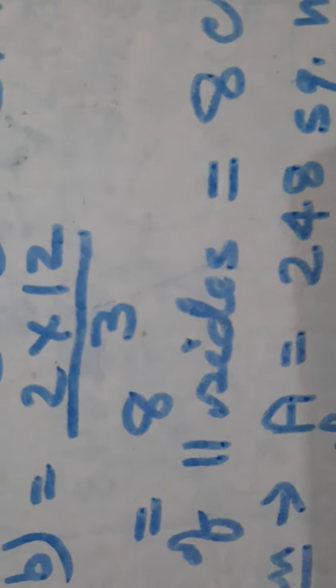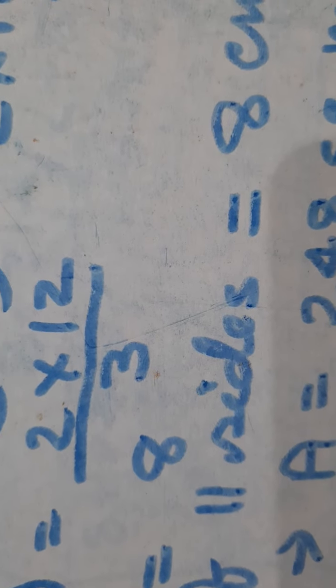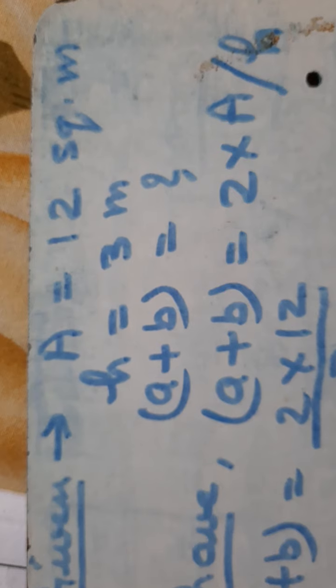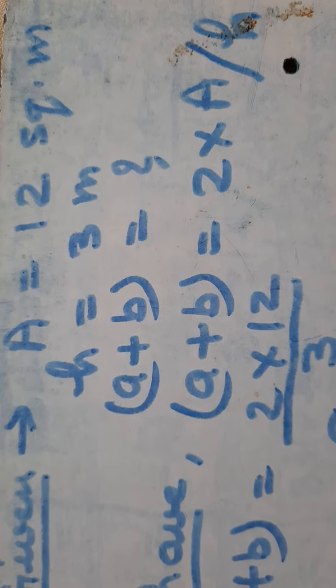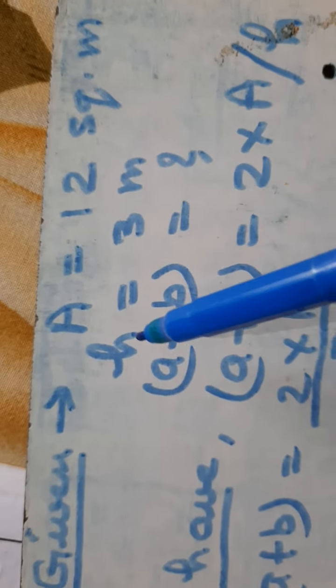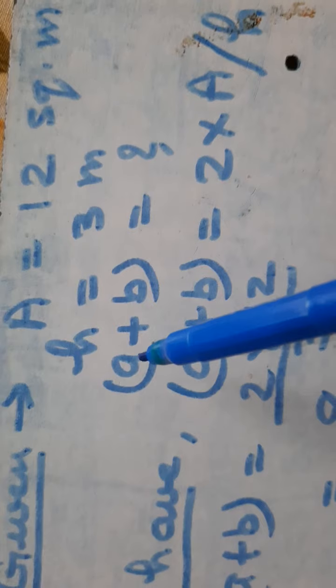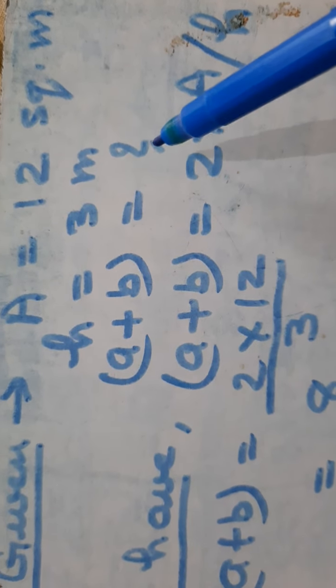Now question number 6. The area of a trapezium is 12 square meter. If its height is 3 meter, find the sum of parallel sides. A is equal to 12 square meter, h is equal to 3 meter. Sum of parallel sides a plus b is equal to how much?